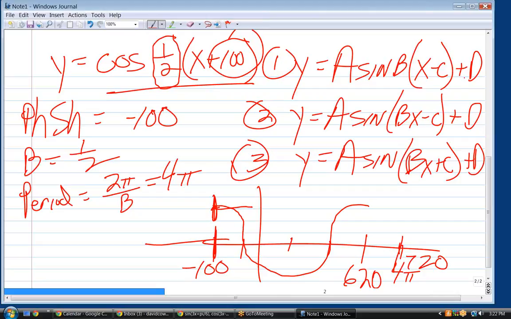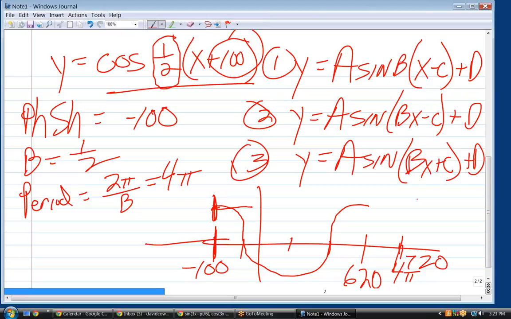Have you had all 4 of these letters? I mean, have you dealt with A, B, C, and D? I think we have. Okay. Every one of them does something different to the graph. In other words, A vertically stretches it.